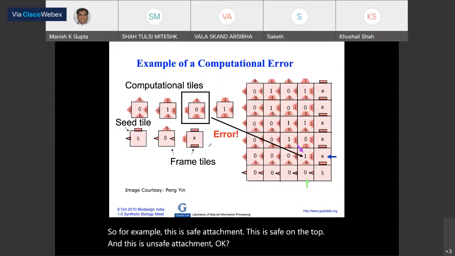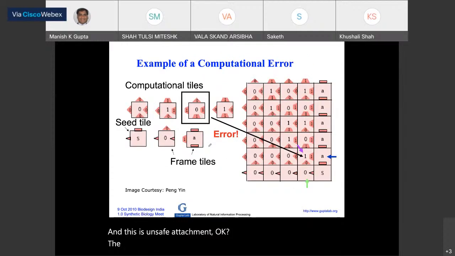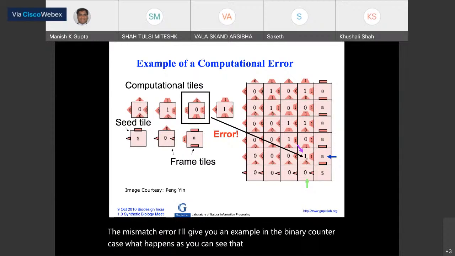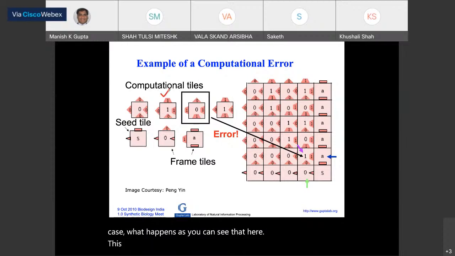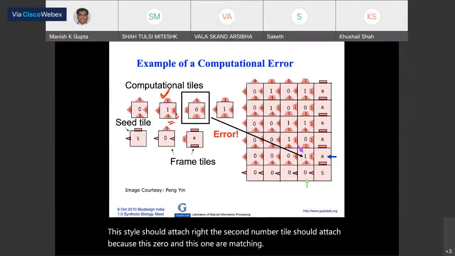Now, the mismatch error, I'll give you an example in the binary counter case. What happens? As you can see here, this second number tile should attach, because this 0 and this 1 are matching, right? So this should attach. But what happens? This will attach. Why?